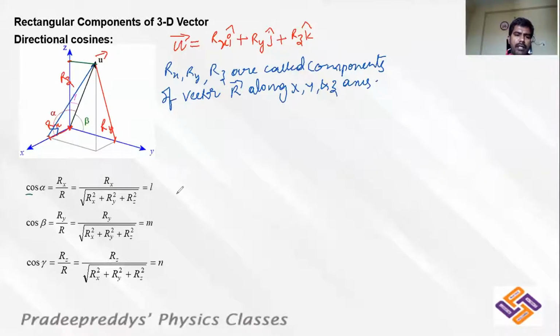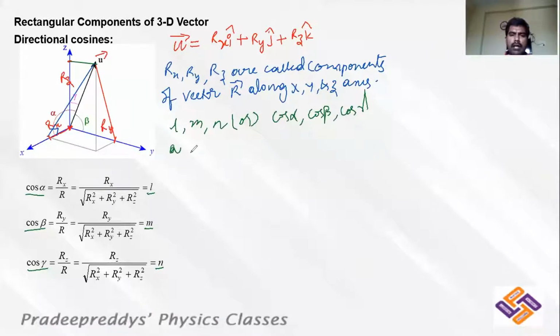Where cos alpha is represented with L, cos beta with M, cos gamma with N. These L, M, N, or you can write them as cos alpha, cos beta, cos gamma, are called directional cosines.